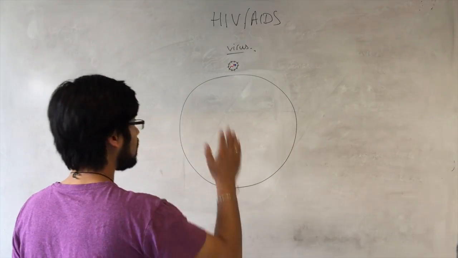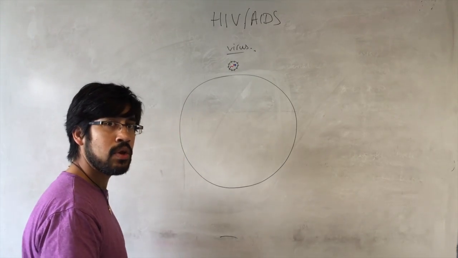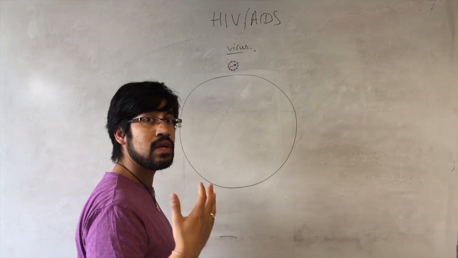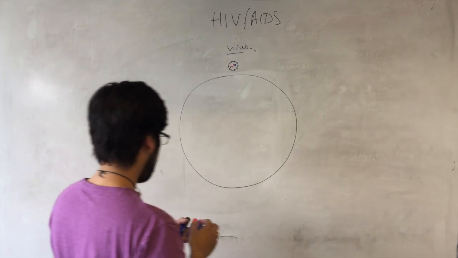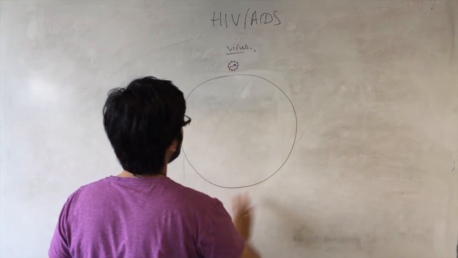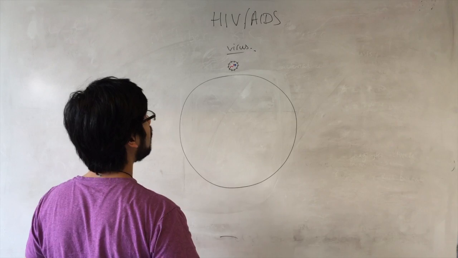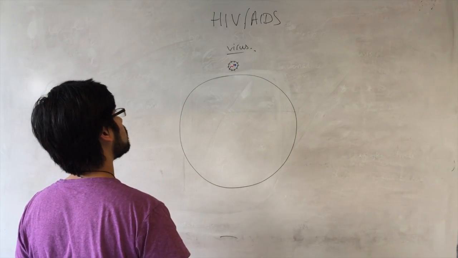So what we're thinking is, if we lose the function of this cell, we're pretty much saying, okay, we don't have an effective immune system. All right? So anyway, this is our cell. It's also got a lipid bilayer membrane, just like the virus.